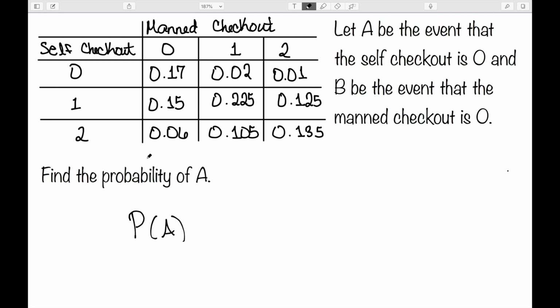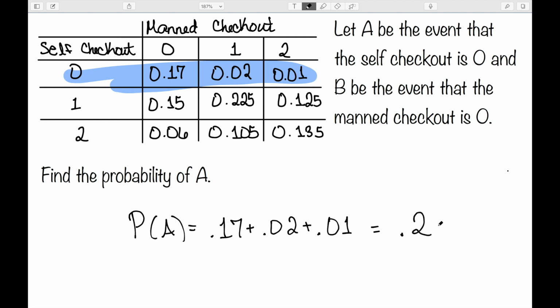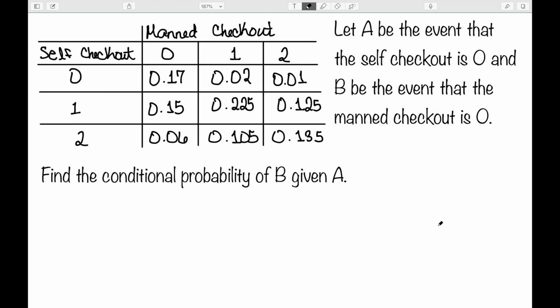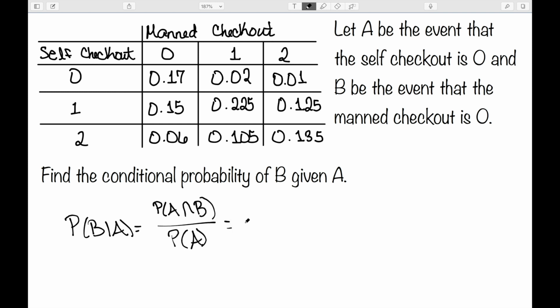The probability of A is the probability that the self-checkout is 0, so this row here. We would find this by adding up 0.17 plus 0.02 plus 0.01, which gives me 0.2. Next, let's find the conditional probability of B given A. This will be the probability of A intersect B over the probability of A. We just found the probability of A to be 0.2.